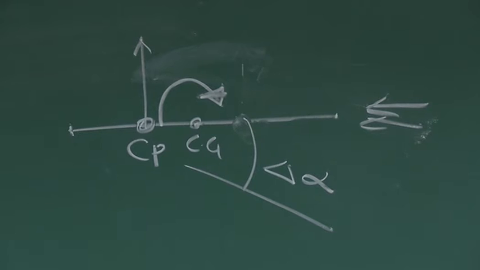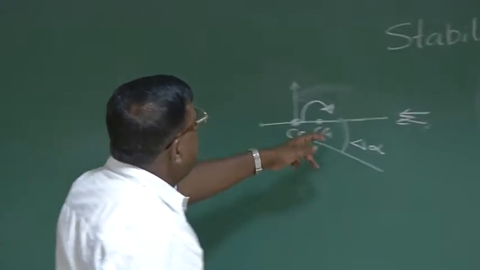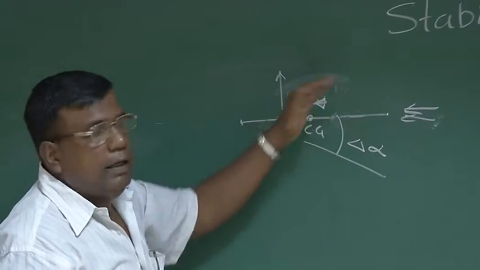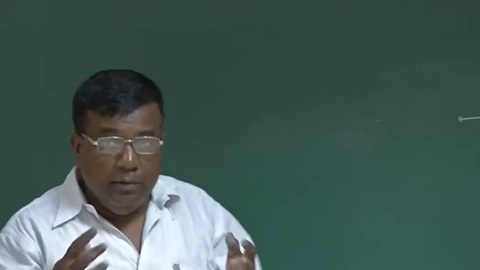So it has an initial tendency to bring the plate back to the normal equilibrium case, where it was alpha equal to 0 or alpha equal to some fixed number. More important, any disturbance, it is trying to counter it, trying to make it 0.